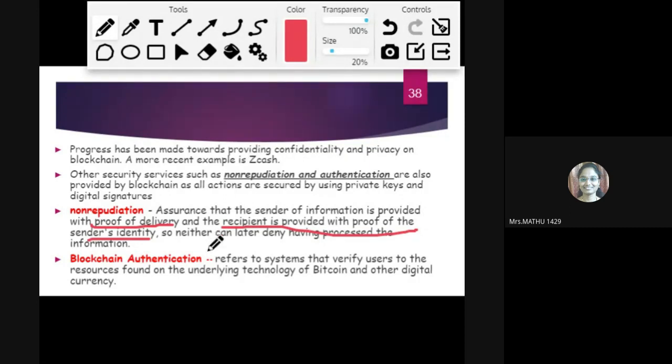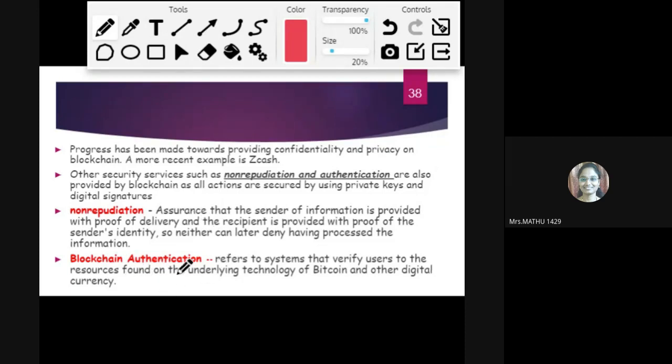He cannot say that. Both the sender as well as the receiver have to accept that the transaction that has happened is true. That is what is called non-repudiation, and that is provided by this blockchain technology.